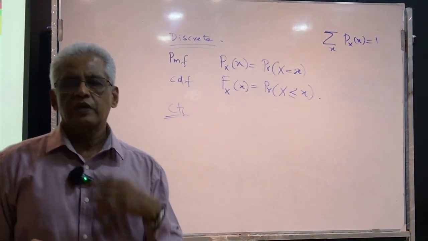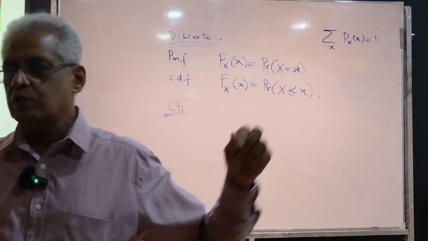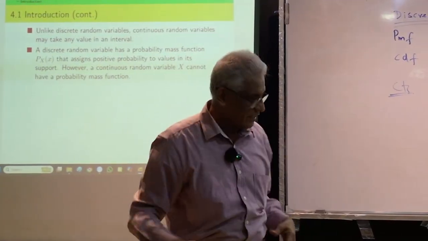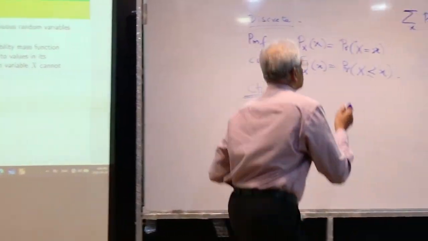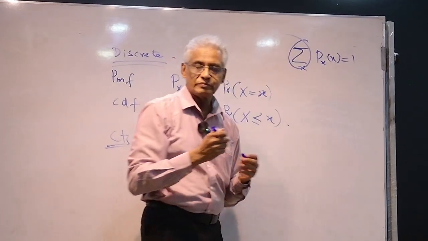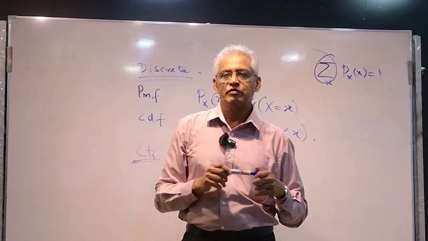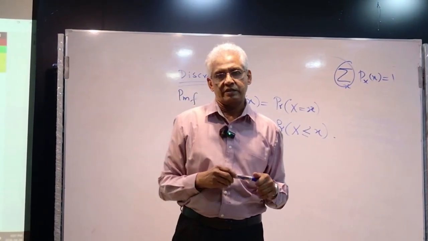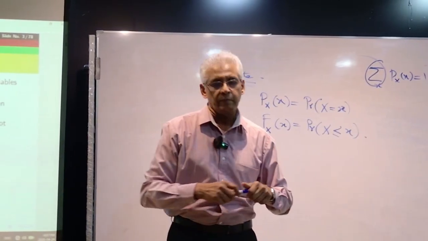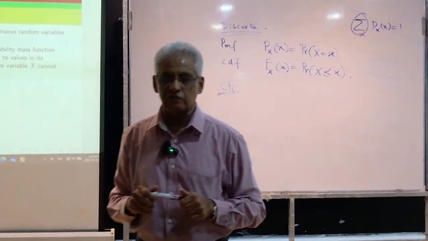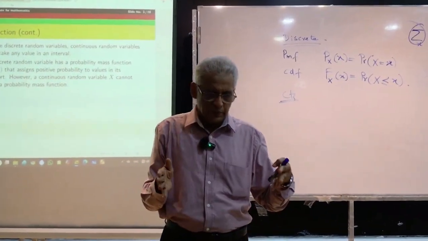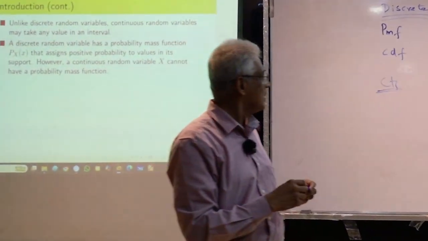Why? Because the set of possible values is not a countable set. It's an uncountable infinite set. In that case, the summation is not meaningful. Therefore, this kind of property cannot hold. So a probability mass function cannot exist for a continuous random variable. That is a very simple argument.